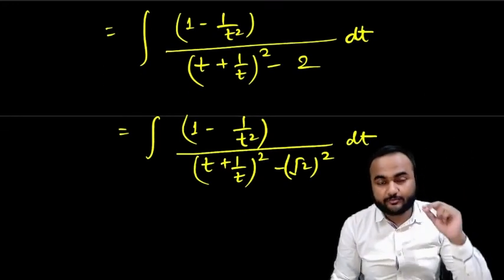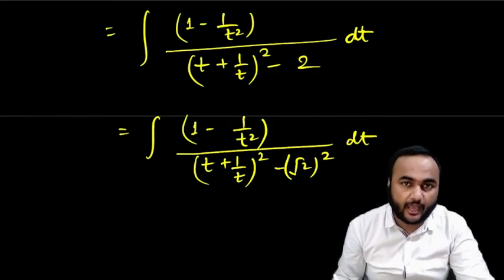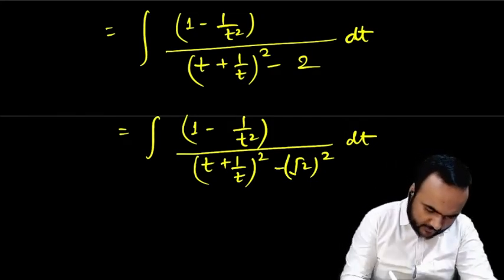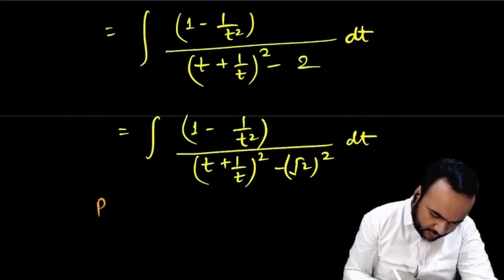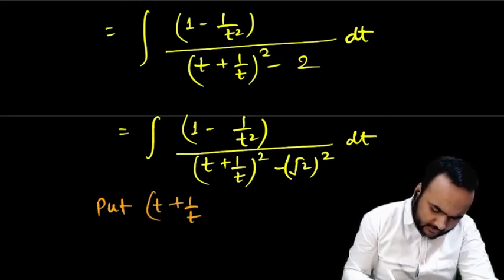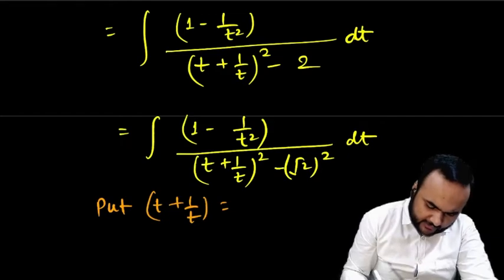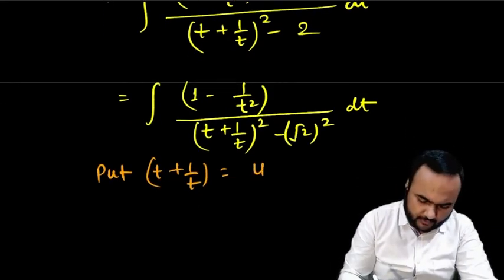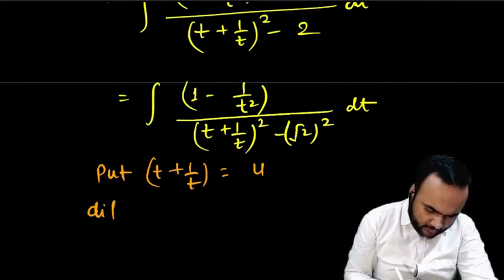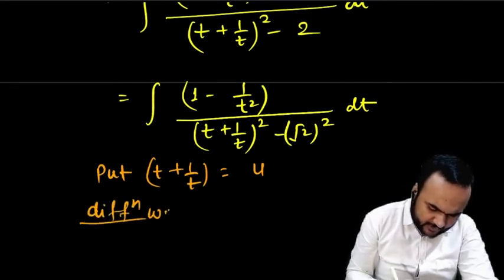Now again we are going to repeat the same process which we have done in the I1 integration, that we are going to substitute t plus 1 by t is equal to, suppose, u. I'm going to let it u because earlier we let it z.